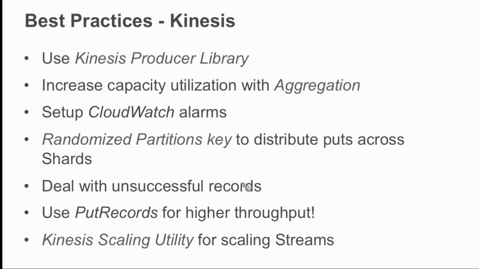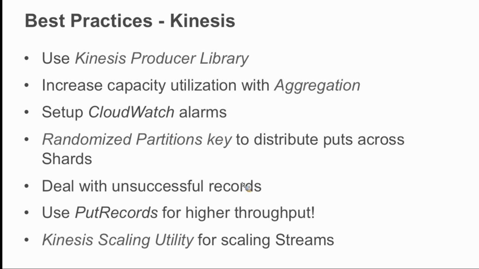Kinesis uses shards, so it distributes the ingestion across one or more shards. We happen to use only 2 shards for this demo, but you can go up to 50 shards. You can go beyond that, but you have to make a request. The best practice is to randomize the partitioning of the streams across all those shards.